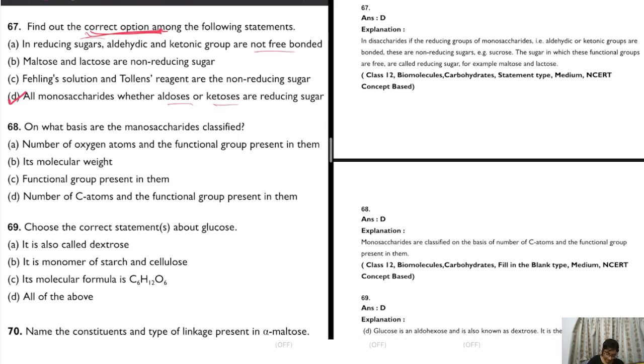In disaccharides, what happens is the reducing groups of monosaccharides, that is aldehyde and ketone, they are freely available in these monosaccharides. Okay, so that is why they are not bonded to anything, and that is why they are reducing sugars. They are available.